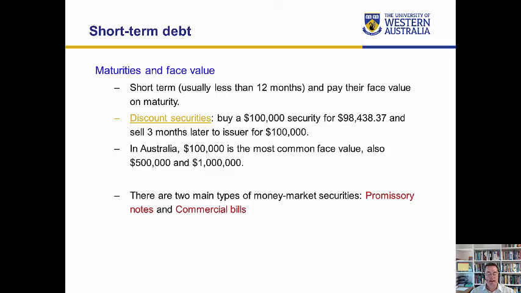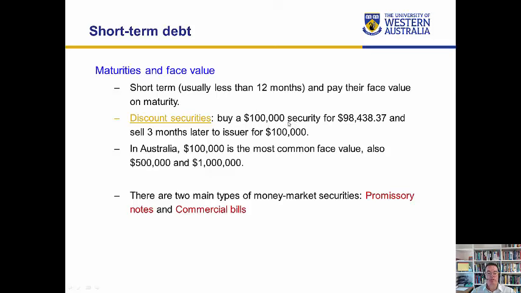However, let's just consider a $100,000 security. That may be issued for $98,438.37. So the buyer of that security, that is the lender of the money, will pay $98,438.37. Then in 3 months they will redeem that discount security and receive $100,000 back.